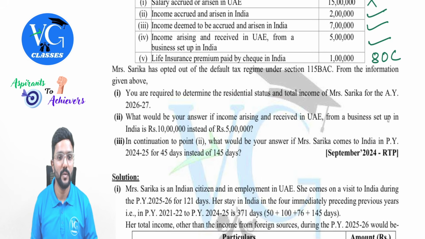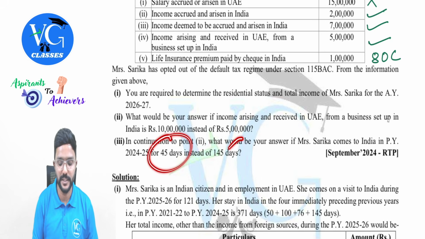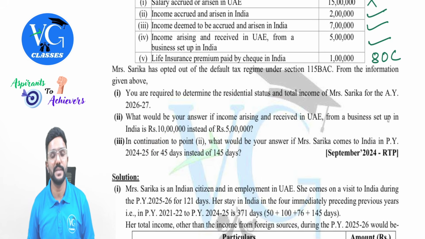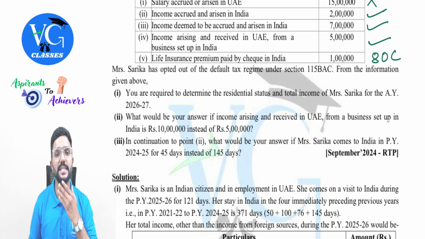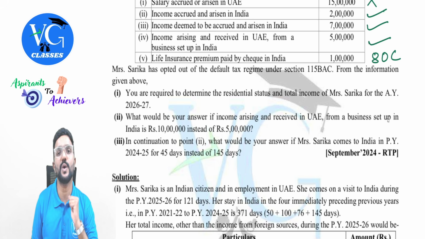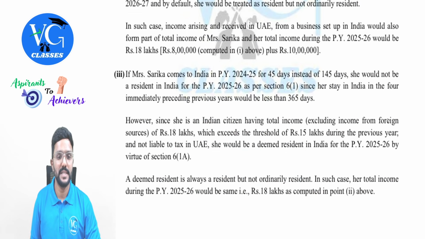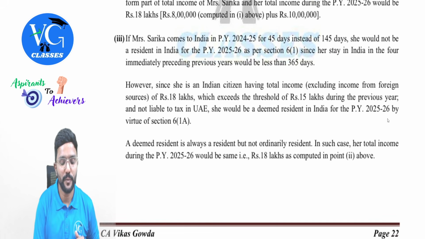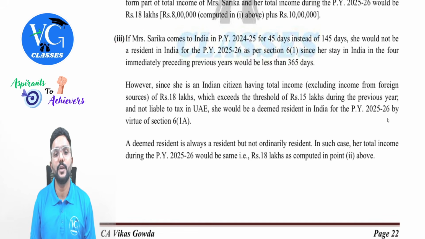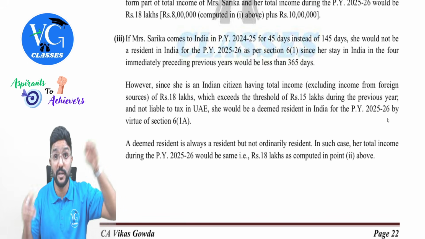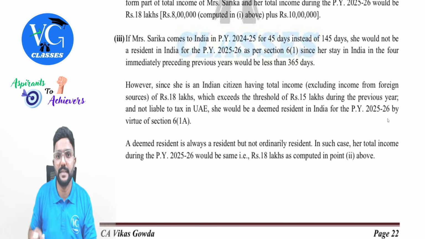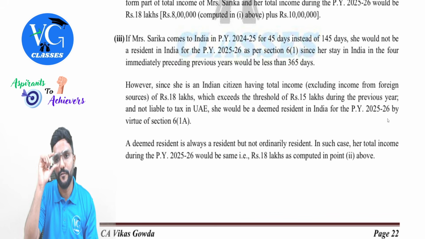She's coming to India only for 45 days instead of 145 days. So in such a case, the second condition given under section 6.1 is not satisfied, people. So we can check whether she is deemed resident or not. Sarika comes to India during the previous year 24-25, that is last year, not the present previous year, for 45 days instead of 145 days.